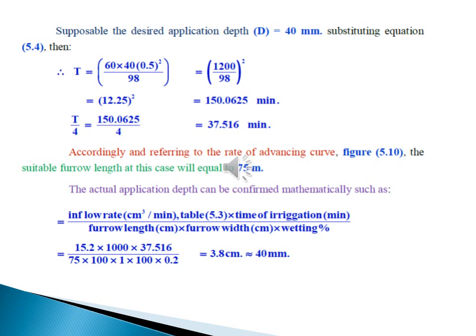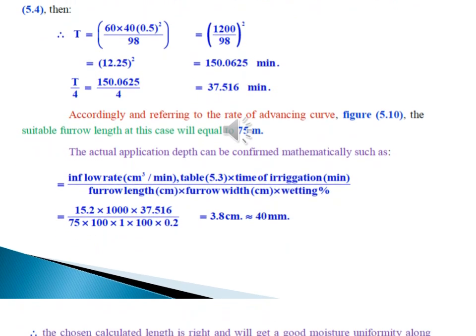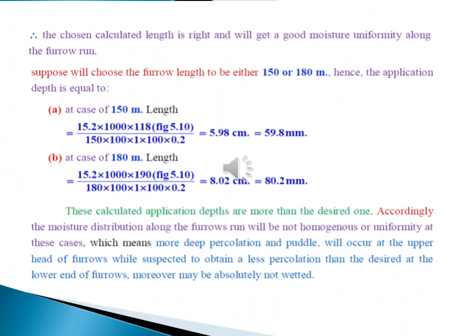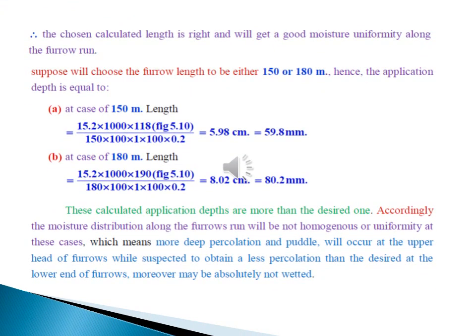Also, the actual application depth can be confirmed mathematically, which is equal to 3.8 cm as shown. Then the calculated length chosen is right, and we will get good moisture uniformity along the furrow run.